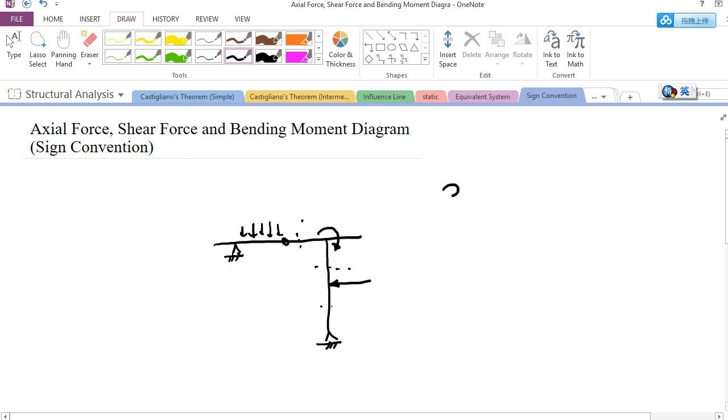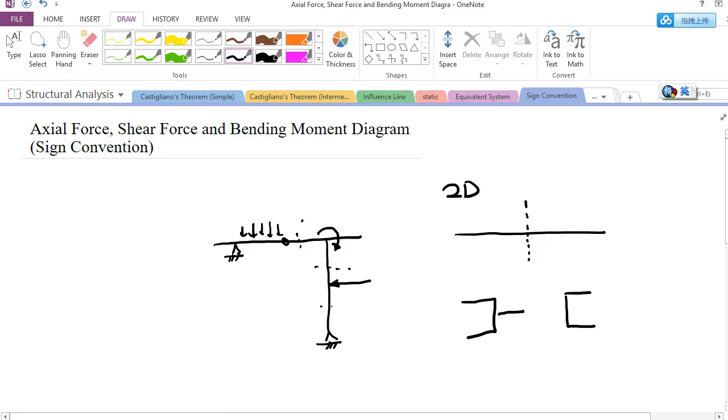Alright, for 2D, if I cut a beam, let's say I have a beam, if I cut it, let me enlarge the cross section. Let's say this is a cut. We will find three forces in this 2D plane.